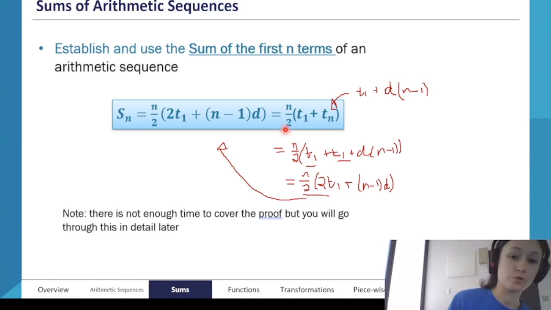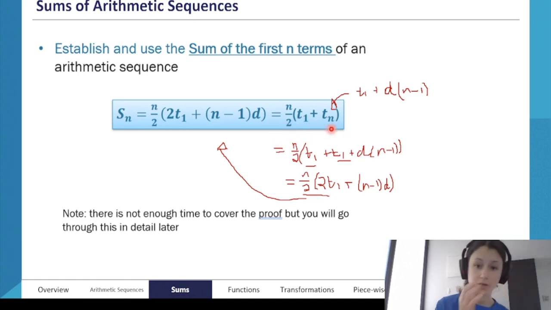You can use this second part of the formula and then use your general Tn definition of the arithmetic sequence just to find your Tn value separately. But yeah, just so that you guys understand that these actually are equal and where they come from. There is a proof for this, but we don't have time to go through it today, unfortunately.